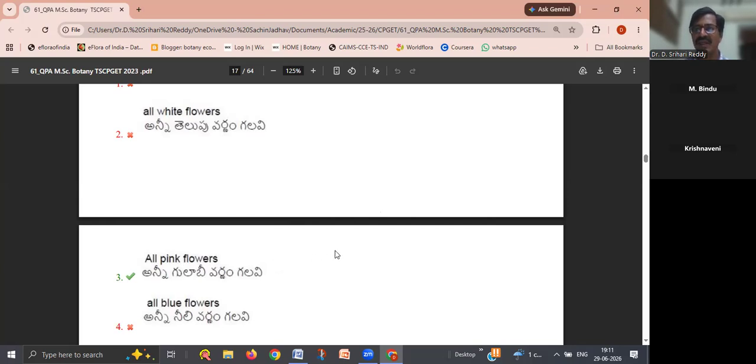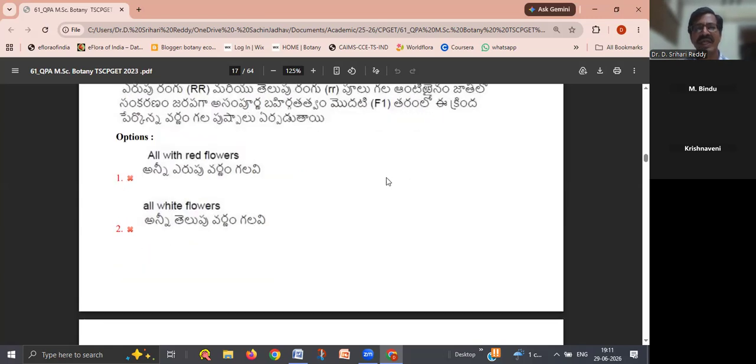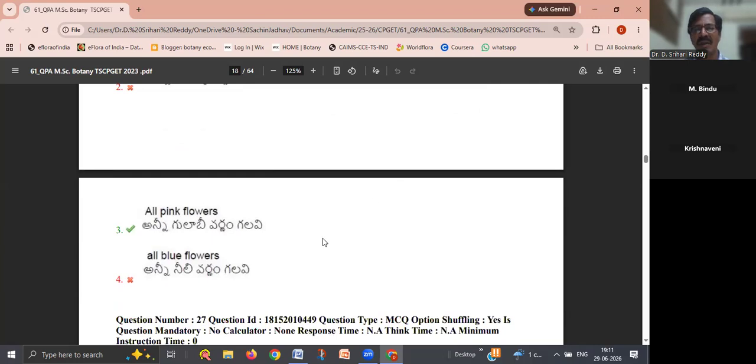That is because here in incomplete dominance, no allele is dominant. Both are equally there. So that is called incomplete dominance. The phenotype will be pink, all pink colors.